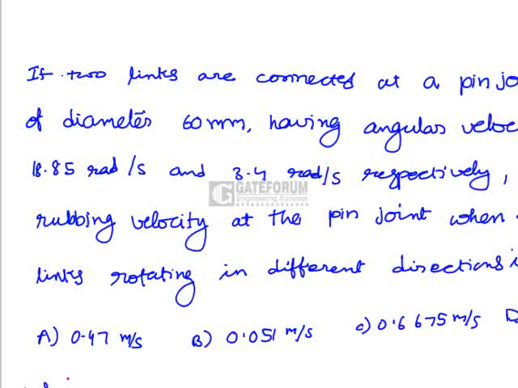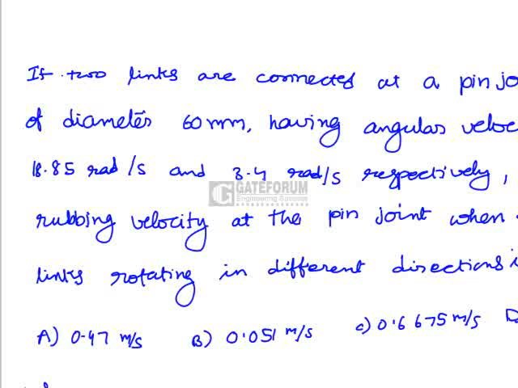If two links are connected at a pin joint of diameter 60 mm having angular velocities 18.85 radians per second and 3.4 radians per second respectively, the rubbing velocity at the pin joint when both links are rotating in different directions is. So here the rubbing velocity is given by the radius of the pin joint into omega 1 minus omega 2.